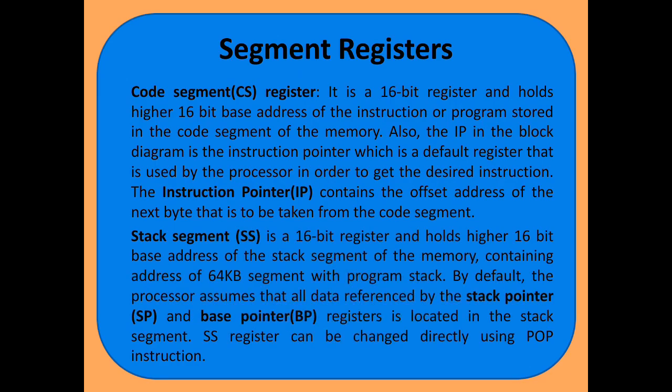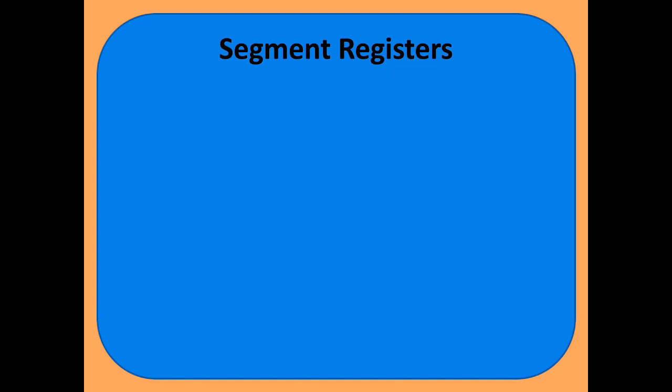Coming to the stack segment, it is also a 16-bit register which holds the base address of the stack segment. In the stack segment, we use the base pointer or stack pointer to point to the offset address, whereas in the code segment, the instruction pointer is used for storing the offset address.